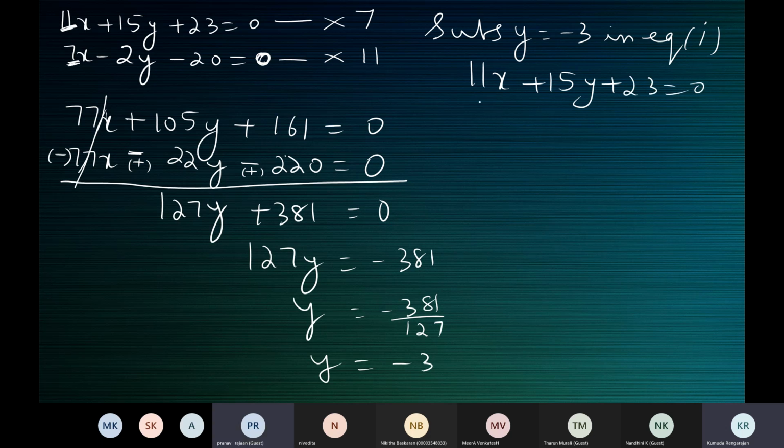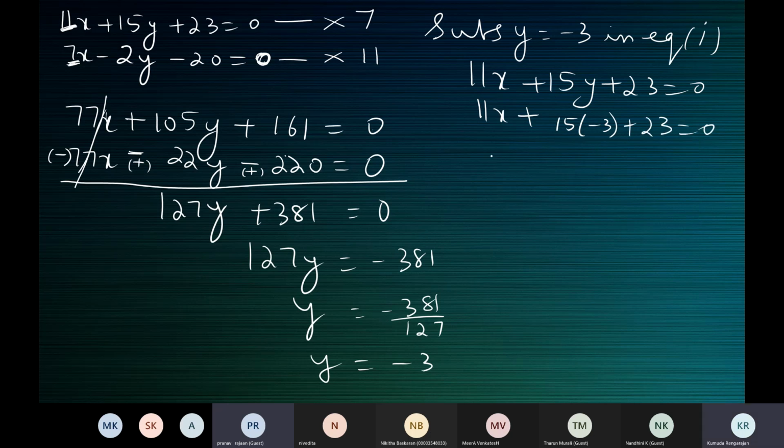Ma'am, 11x plus 15 into y, in bracket minus 3, plus 23 is equal to 0.